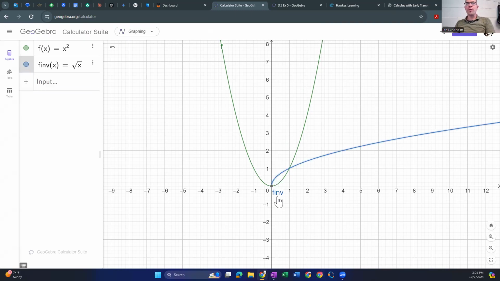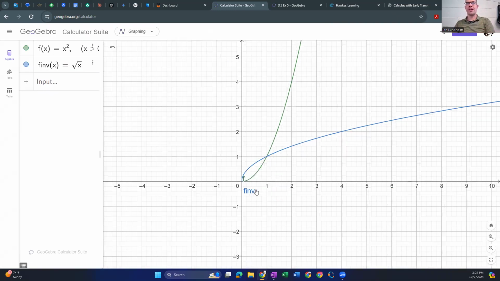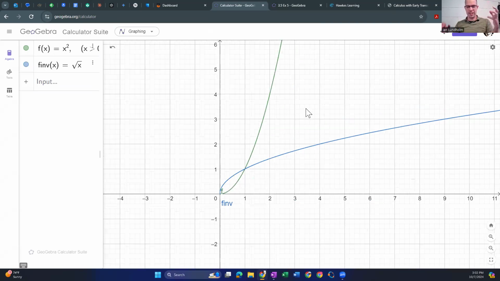And if we really wanted x squared to have an inverse function, remember that we would have to restrict its domain. So if I went up here and said x greater than 0, nice. That's going to restrict our domain so that we do have a purely nice inverse function here. The idea in this problem is they were asking us to find the derivative of the inverse function at 4.